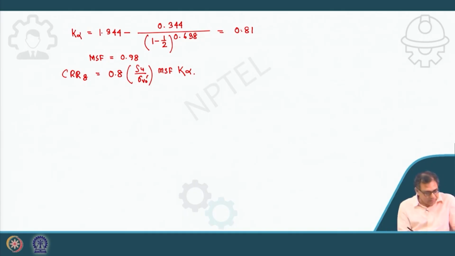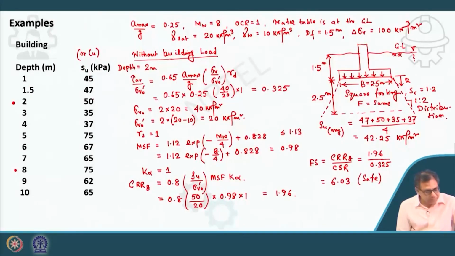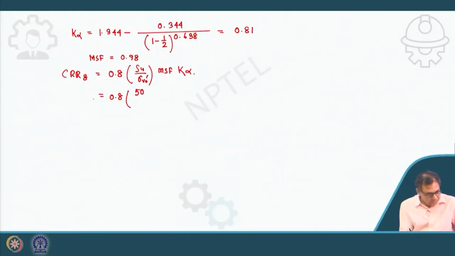So that you have to consider. So now here it is 0.8 into SU, as 2 meter is 50, it is 50 divided by sigma V0 dash, which is total soil plus building, 89.4, into 0.98 into 0.81. So this is equal to 0.36.